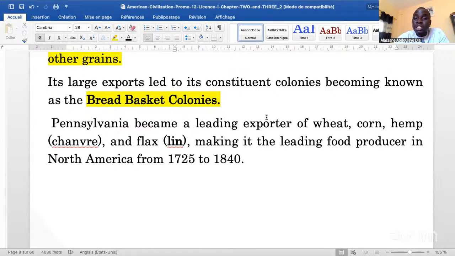What does breadbasket colonies mean? It means le grenier. Take the case of Senegal. Senegal produces a lot of peanuts. So where are the peanuts produced? Most of the peanuts are produced in Kaolack and Fatick because that's what we call the bassin arachidier.